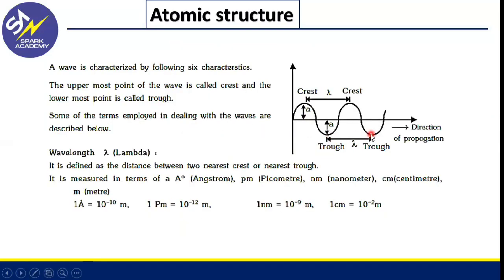Or between two troughs, two lower points or two upper points. So it is the distance between two nearest crests or troughs. It can be given in angstroms, picometers, nanometers or centimeters. That is the first one.